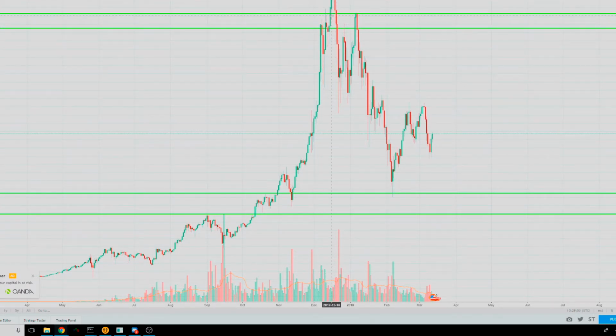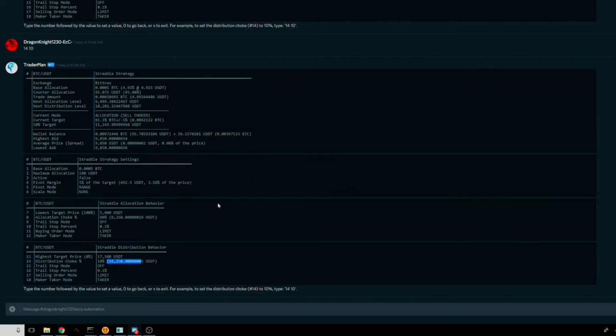If we didn't have this and we just set the high point before this peak, it would have sold all our BTC here, so we've lost this opportunity where we could have sold it. They're just the little things that I use. I use 10%. You can use 0%. It's up to you how you want to work it.